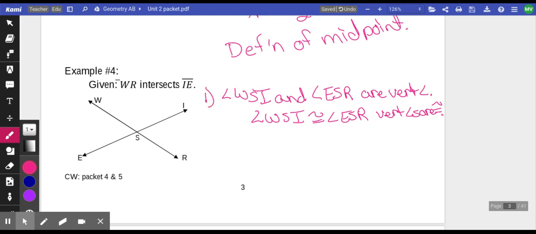We could make those same two statements for angle ISR and angle WSE.